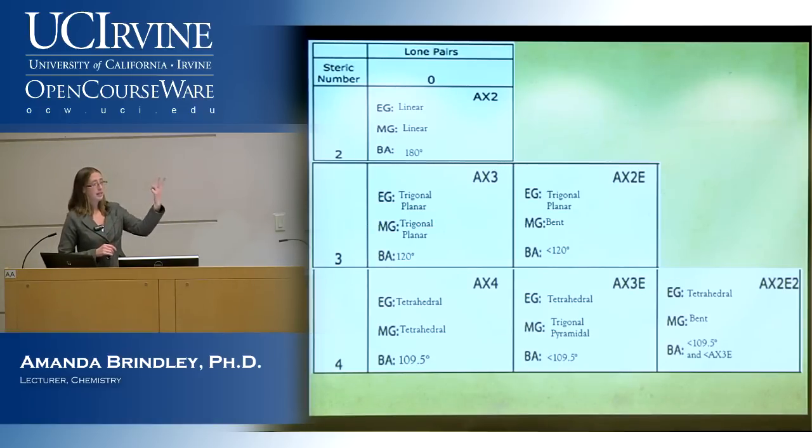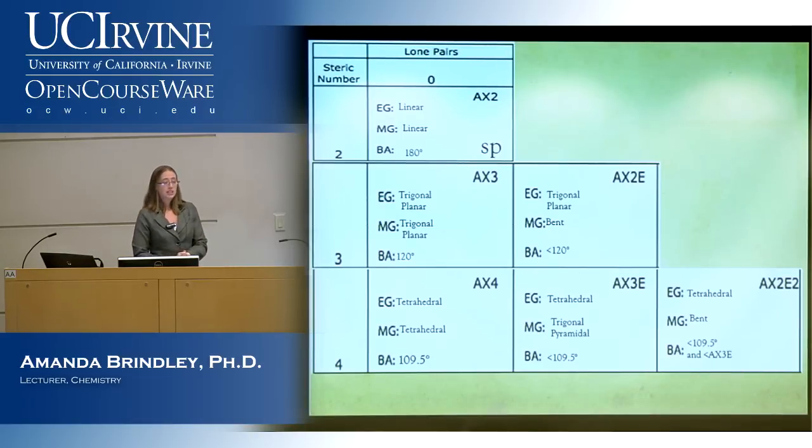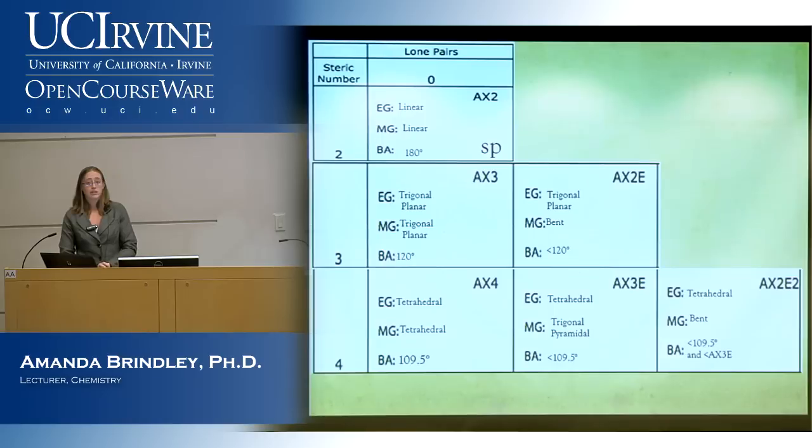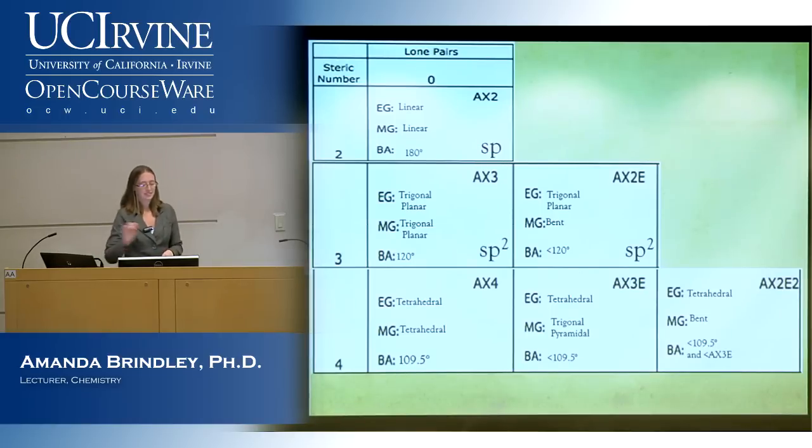An s and a p. So what kind of hybridization is that? sp. Okay. Steric number 3. How many hybrid orbitals do we need? 3. So how many orbitals do we need to start with? 3. So we're going to have sp2. Good. Now notice it doesn't matter how many lone pairs you have. All that matters is your steric number.